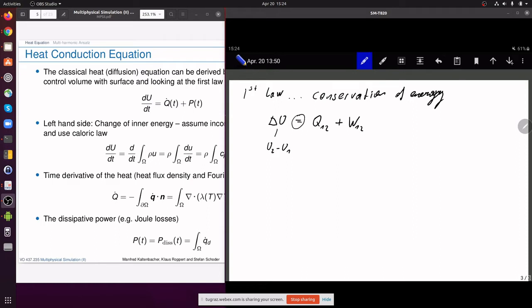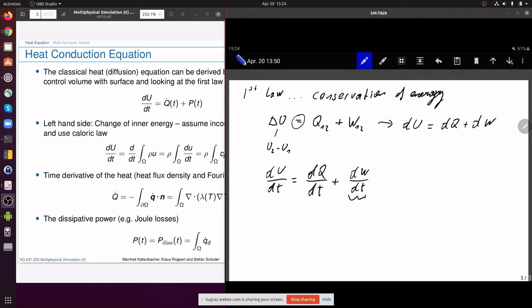So that's the conservation of energy. In differential form, we can write this as dU is dQ plus dW, and if we take the time derivative, we have dU/dt, the time derivative of the heat plus the power.